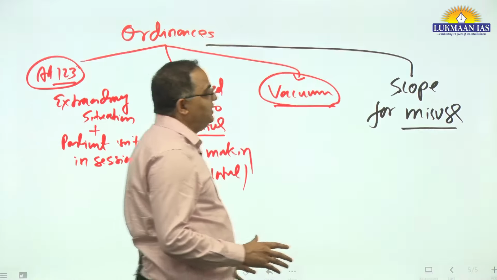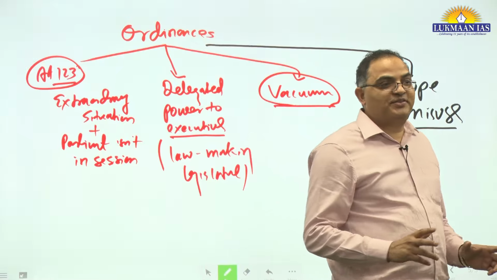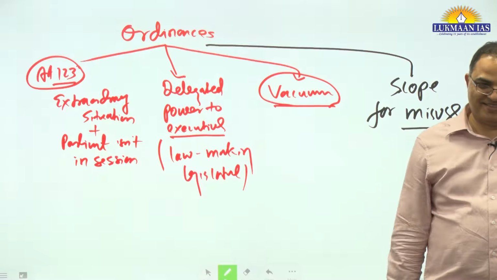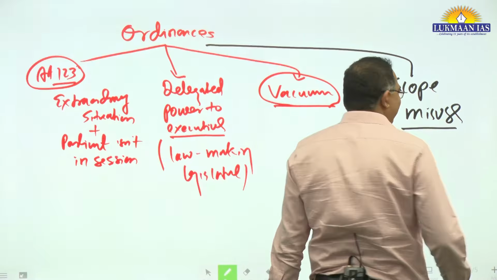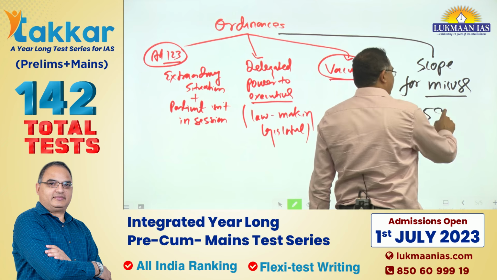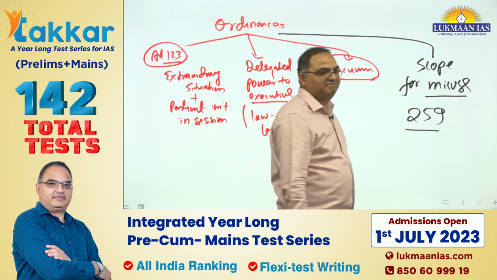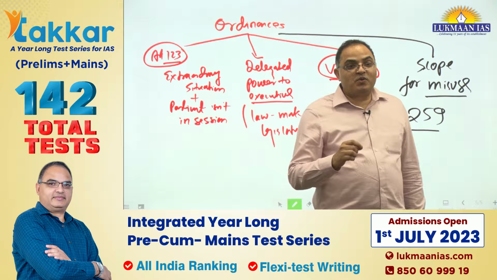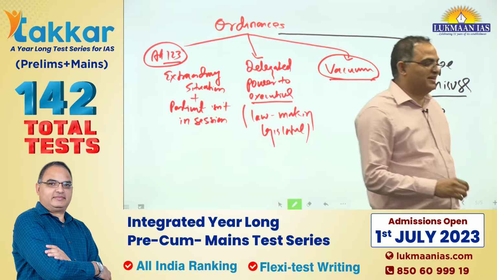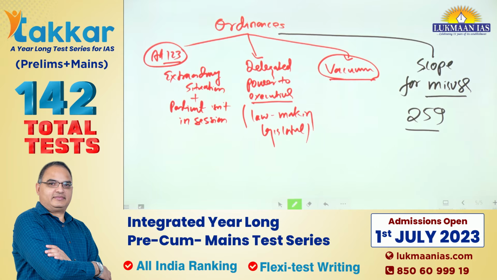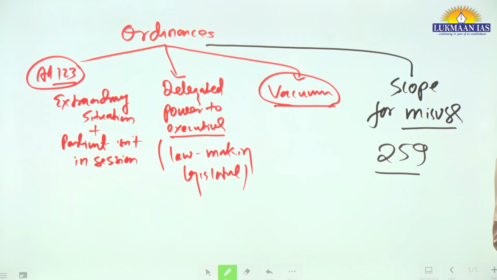Which state can be a role model in this? Not one, not two, not three, 259 ordinances, in which several ordinances were re-promulgated. They are all re-promulgated ordinances in a span of 10 years, 259 ordinances.